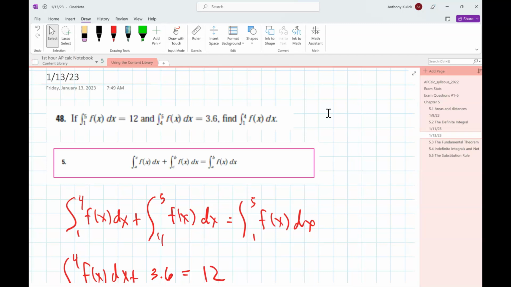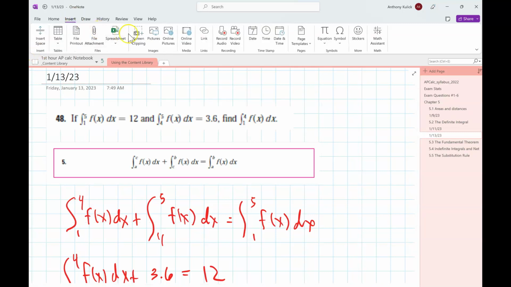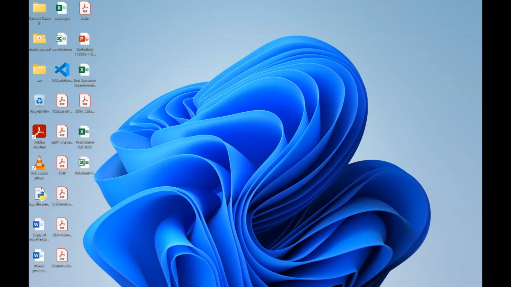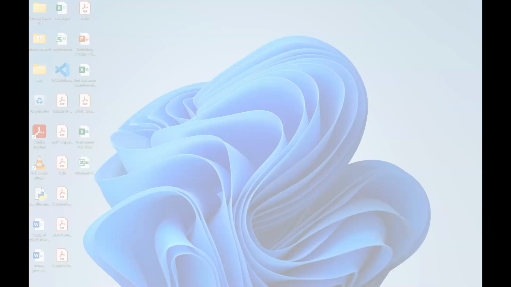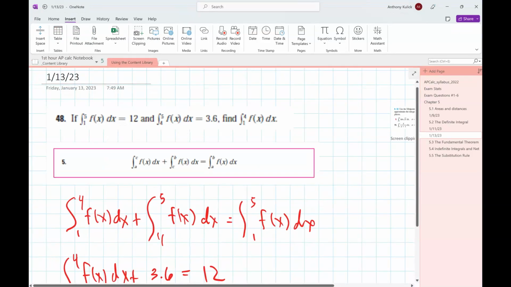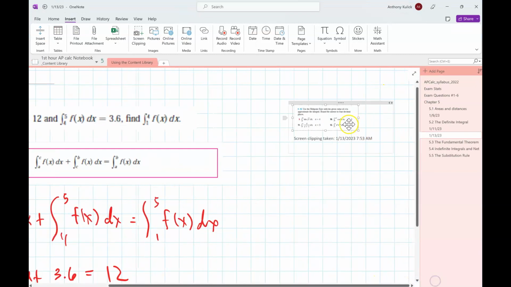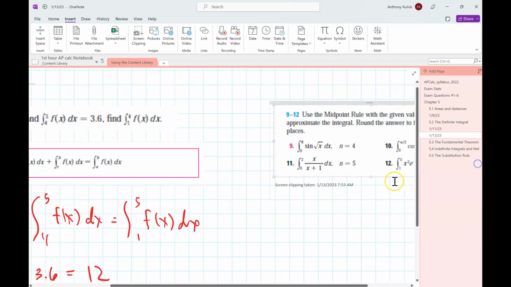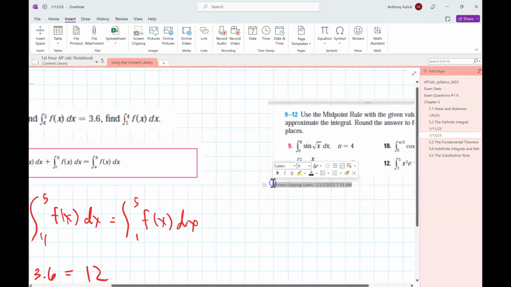Mackenzie, can you do number 9? Yes, sure. Let's go back and grab that. Okay. So I took the directions with this so that we can read those also.